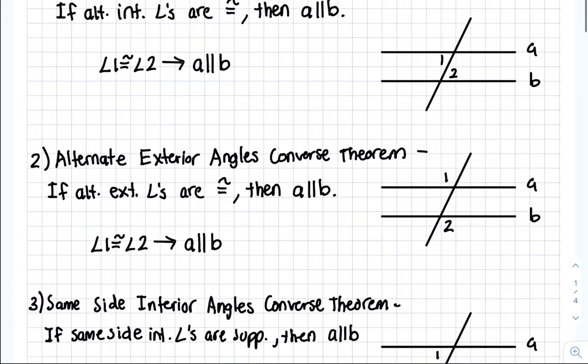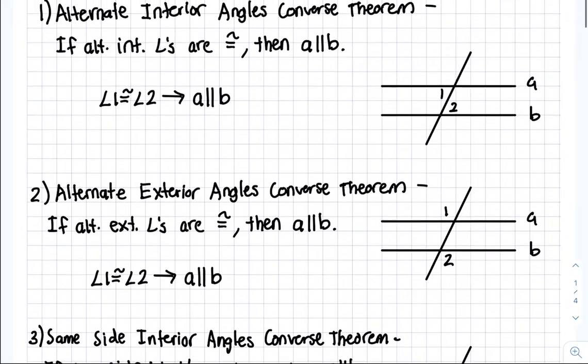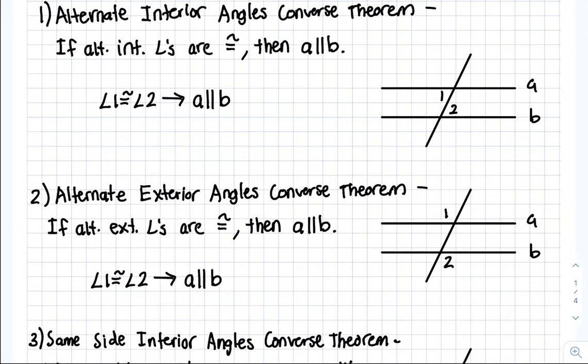Before we talk about same side interior angles, I have questions for you. You know same side interior angles: if we have parallel lines first, then we can say same side interior angles are supplementary. But this is the converse theorem.